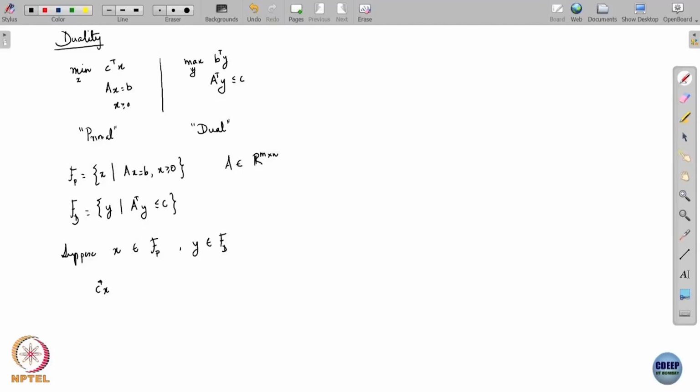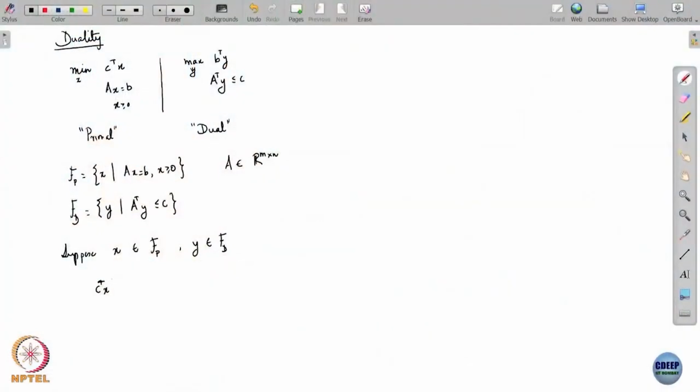This is the inner product between c and x. x itself is greater than or equal to 0, and x satisfies Ax equals b.